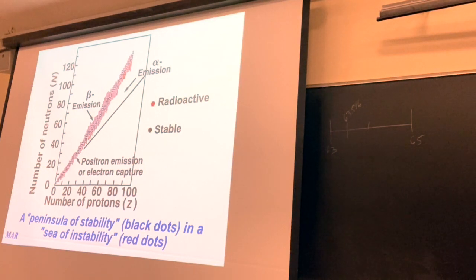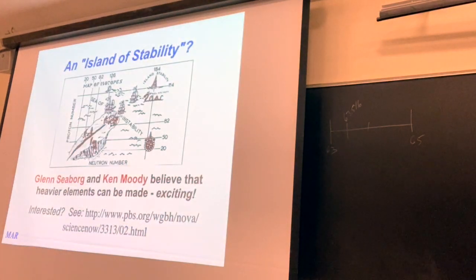Now, why I find this so cool is that on one level, it kind of feels like the number of stable isotopes is limited. However, two of the real big names in this field, one guy is Glenn Seaborg, we'll talk about him more, and then one of his graduate students who became his own research person, Ken Moody, believe that once you get past this peninsula of stability, there are going to be islands of stability further on.